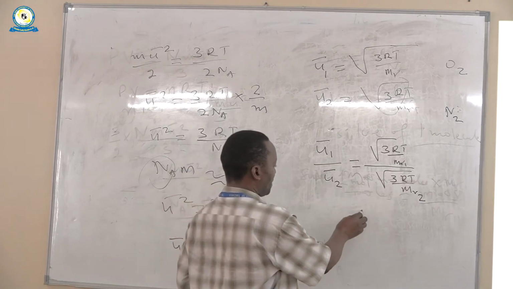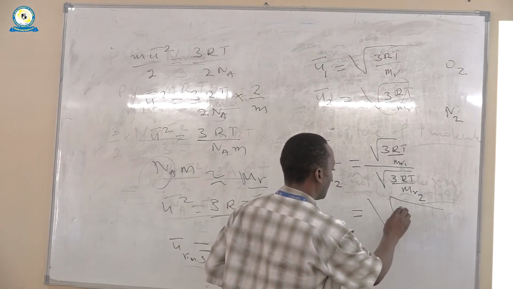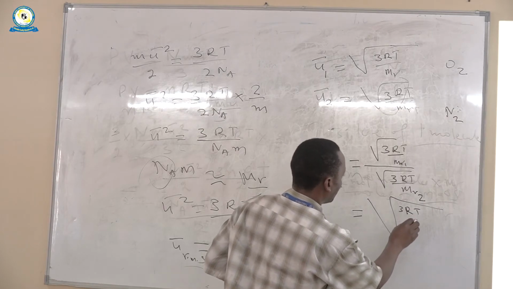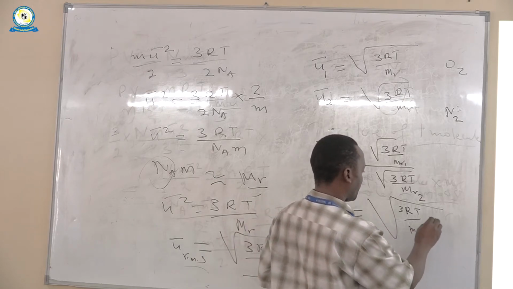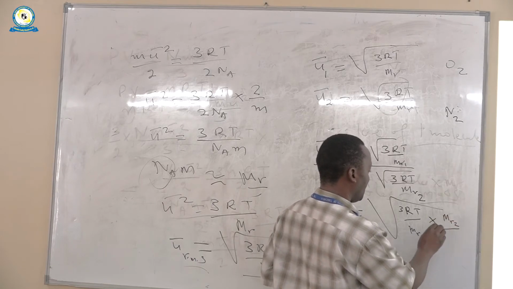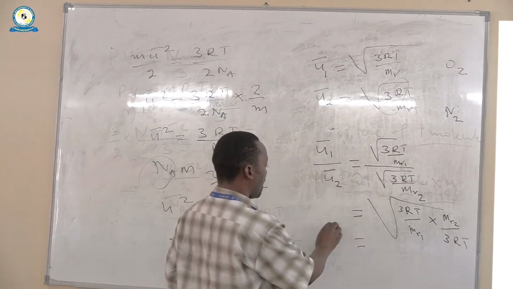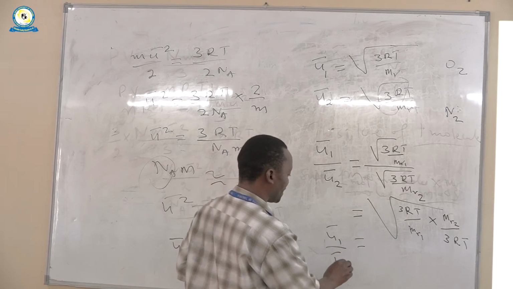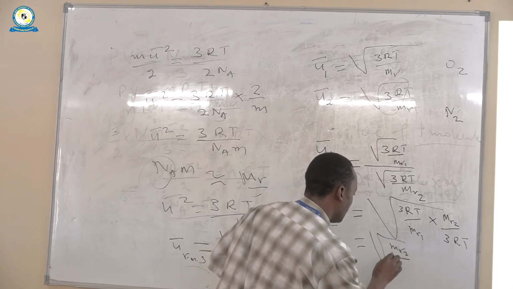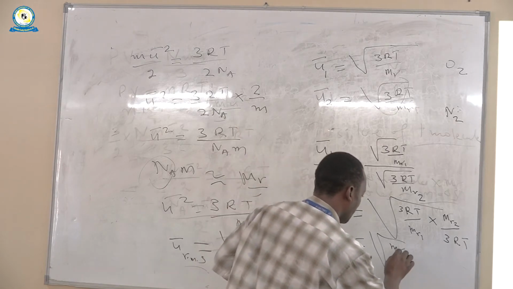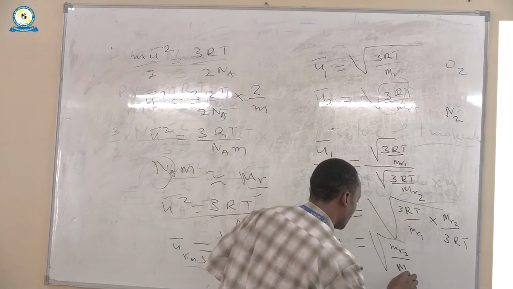Now, this is the same as saying that you will have the relation that you will have the square root of the molar mass of the second over molar mass of the first one.